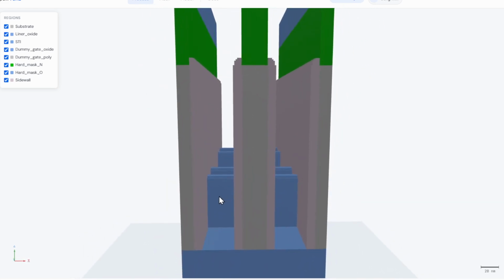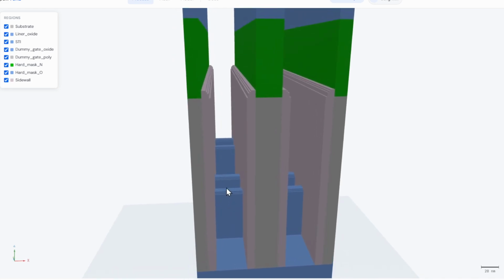And now the next part is we have to introduce a certain source and drain. But before doing that, here we have a dummy gate oxide that should be removed in this case.